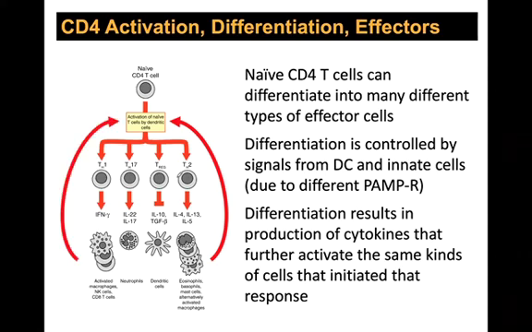Whereas if you have activated macrophages, NK cells, and CD8 cells, they also make interferon gamma, and so that directs the response towards this side. So if you have these cells, you're going to reinforce this pathway. If you have these cells, they're going to reinforce a Th1 pathway. So it's amplifying the type of response that you get.